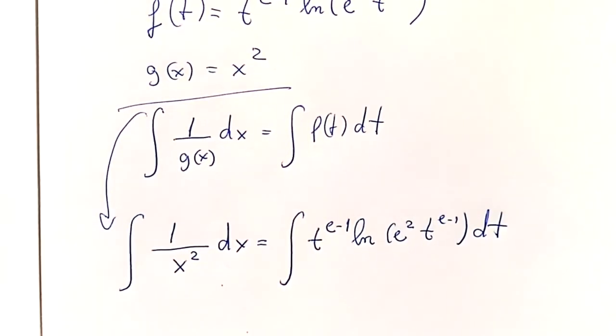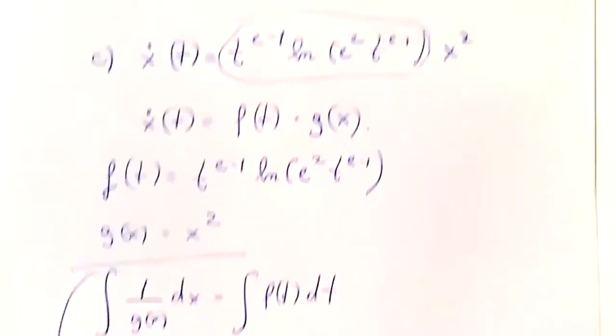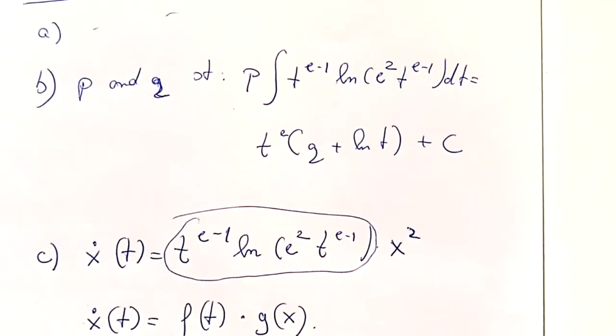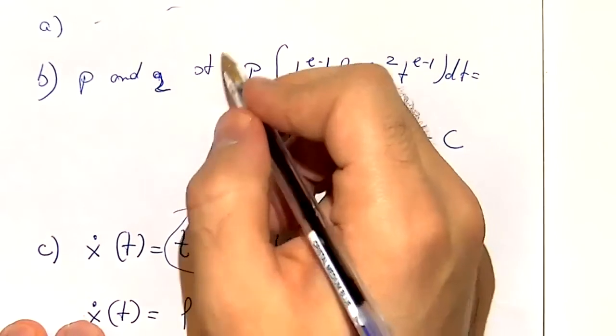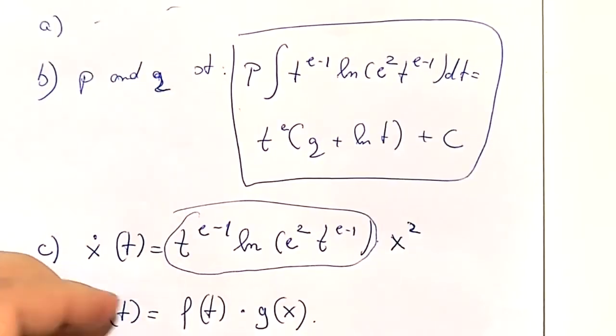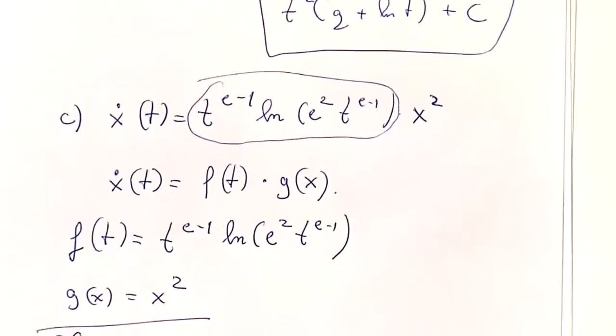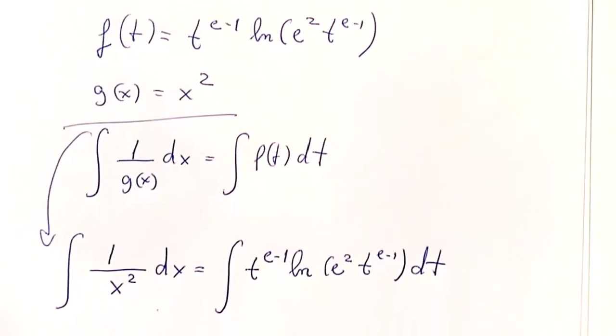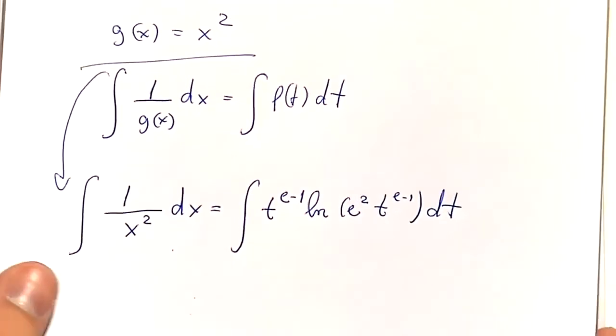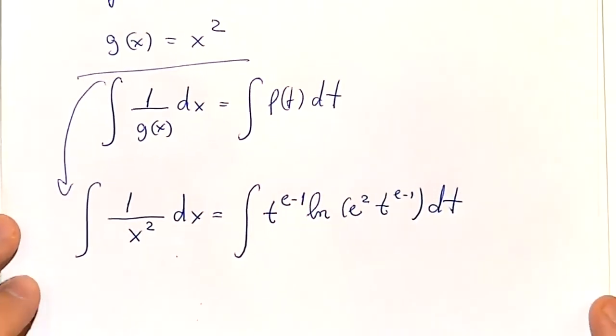Okay? And at this point, you might say, well, how am I supposed to compute this? It looks horrible. And this is what I'm trying to say. Use everything that the problem tells you. You can use part B, which basically tells you what the integral is equal to. Even if you didn't solve it, even if you don't know what P and Q are, the problem even says you are allowed to use P and Q. So don't be afraid to use B in C, D, or E. This is the thing I want to compute.